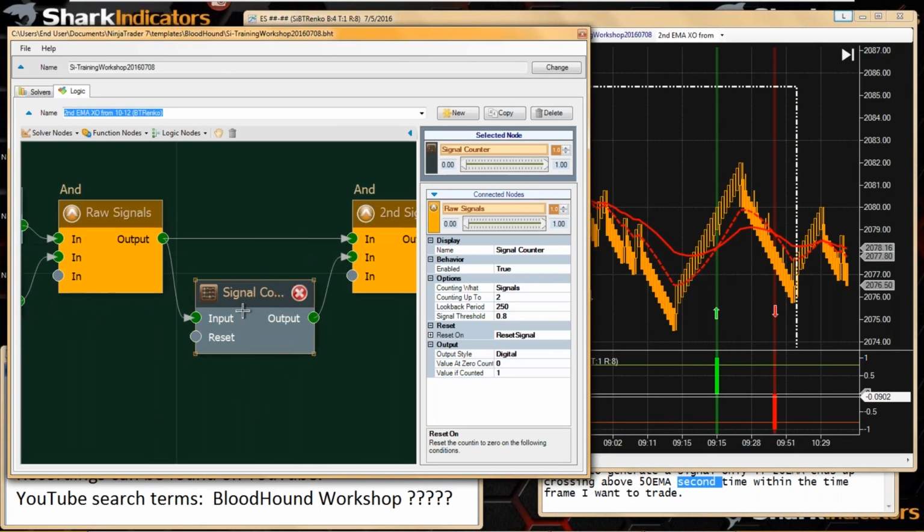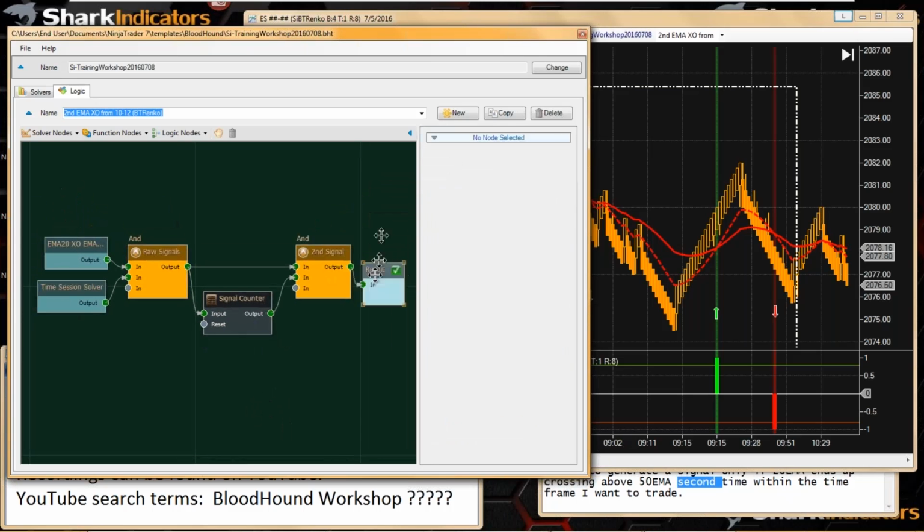If we zoom in, you'll notice there's an input connector and a reset connector. This reset connector is a way of turning the signal counter off, or basically resetting the signal counter.